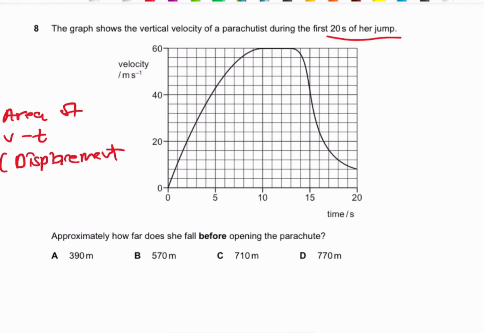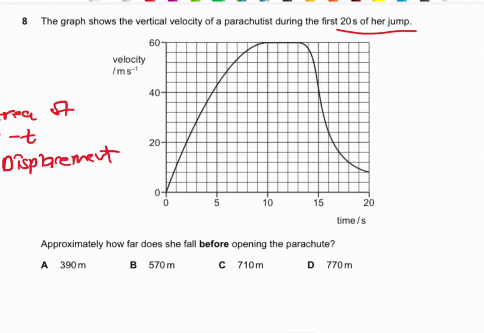Before she opens the parachute, she'll open it approximately over here. This is where I approximately think she's going to open her parachute. Again, this is very subjective. But the beauty of this is, look at how different these answers are. You might get 560, 540, you might get 390, 380, you might get 720, but they will lie within that range.